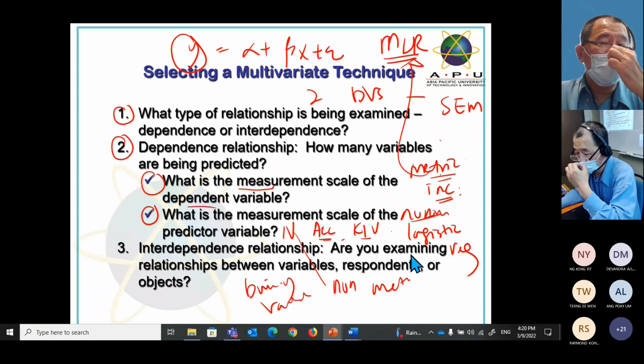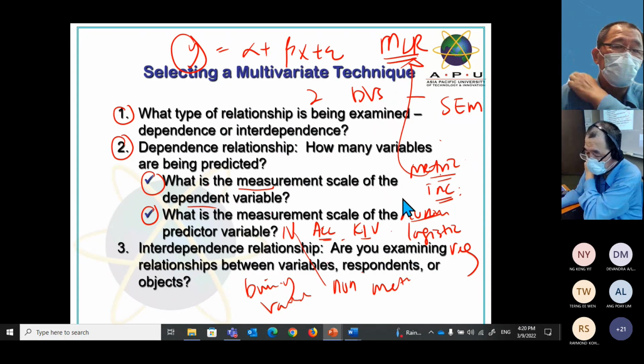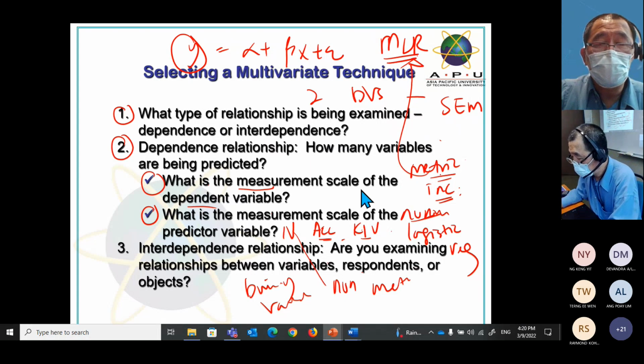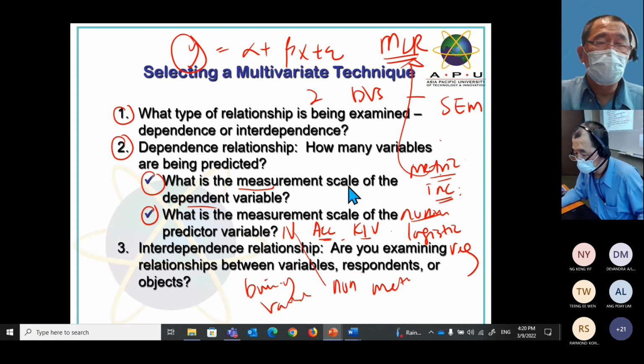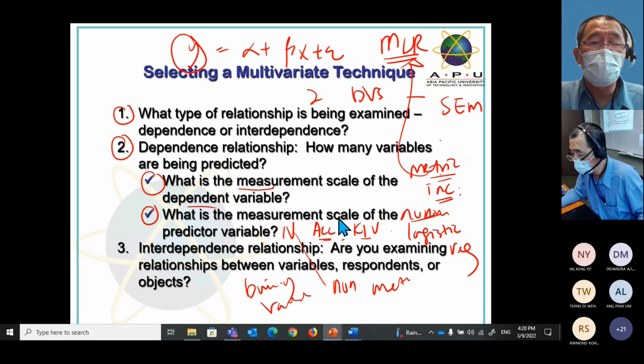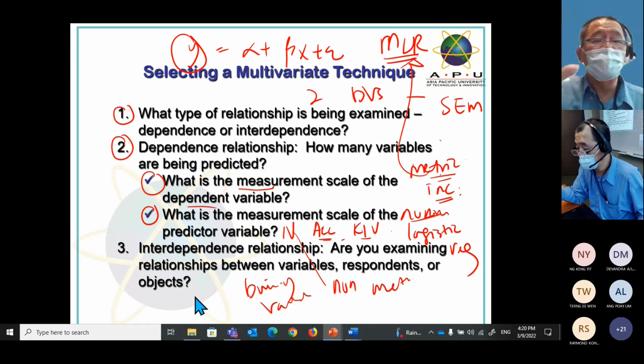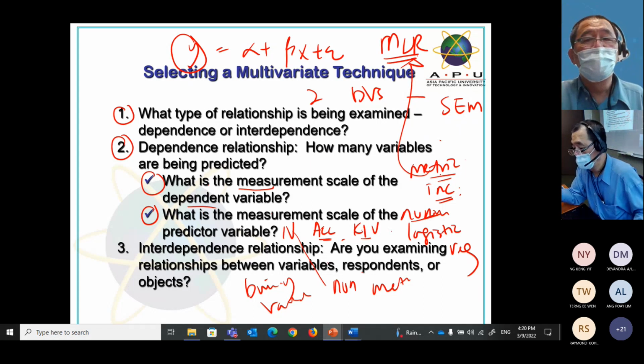Okay. So if no question, we see next. For the interdependence technique, are you examining the relationship between the variables, respondents or objects? Meaning you're focusing on the respondent, let's say the people, or their opinion, and so on.